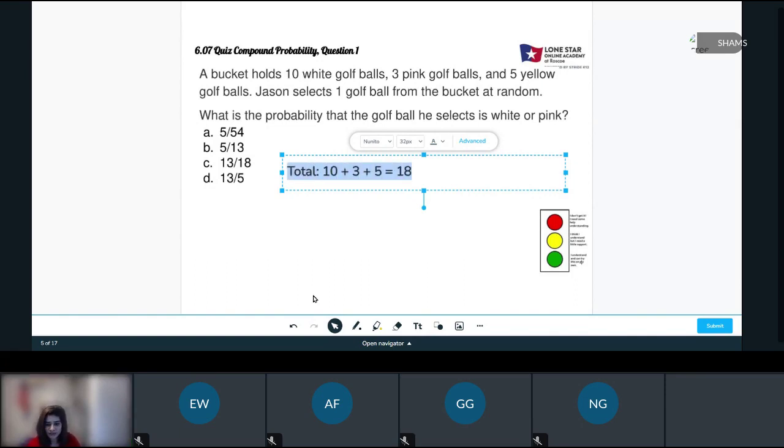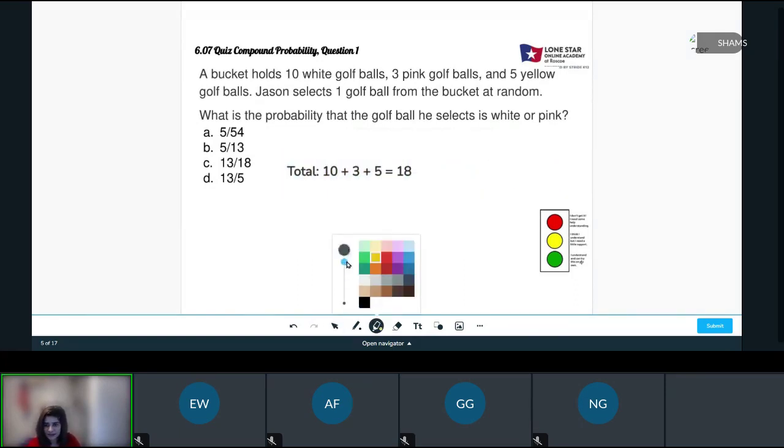We want the probability of white or pink. Remember, the word or means add. White is 10, pink is 3. These are the favorable outcomes that we are looking at. Altogether 10 plus 3, we get 13.